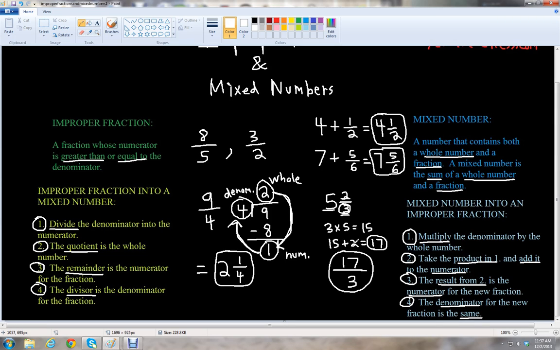So 15 plus 2 is 17. And then in step 3, we took this number, 17, and this became our numerator, so the number up top. And then the denominator 3, that's our denominator, it stayed the same.